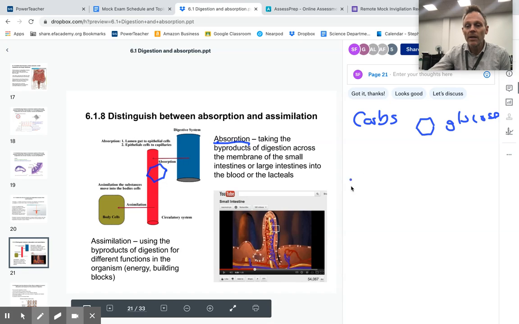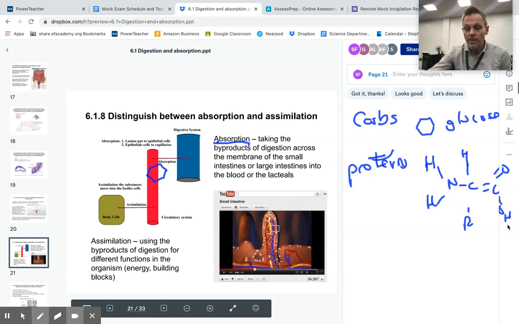If we're looking at proteins, the basic building block, the smallest molecule we have for that, is the amino acid. An amino acid has hydrogen on a nitrogen, a central carbon, a hydrogen up here, a carbon double bonded to this, and OH. That's our most simple form, and those amino acids go from your digestive system into your blood.